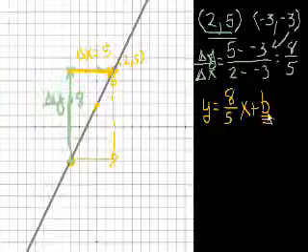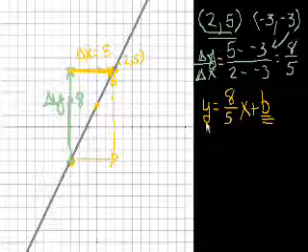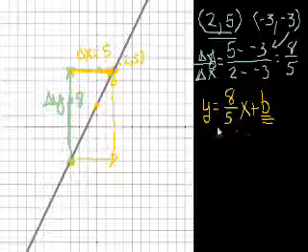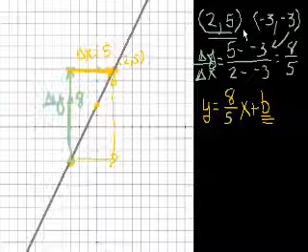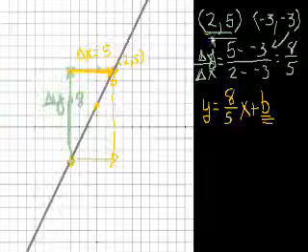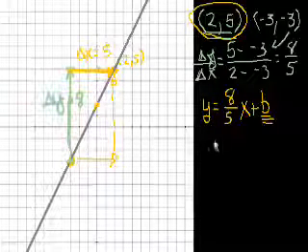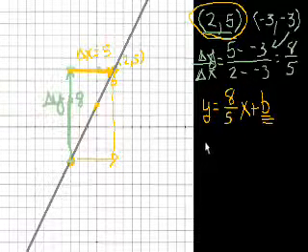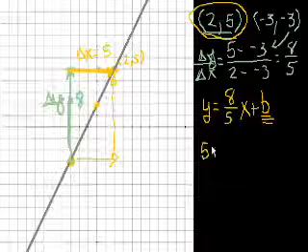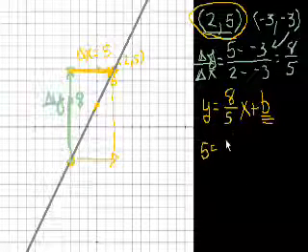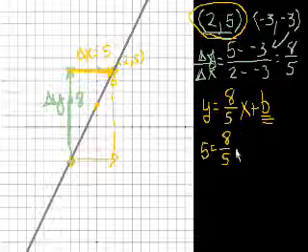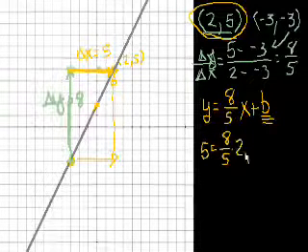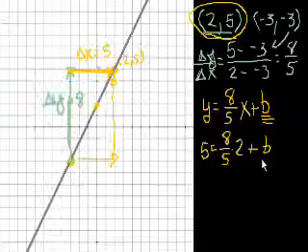So how can we solve for b? Well, we can substitute values that we know work for x and y. Either of these points is on that line, so we can substitute them in for x and y. Let's use the first one. So y, we get 5, will equal 8 over 5 times x. Well, x there is 2, so 2 times 2 plus b.